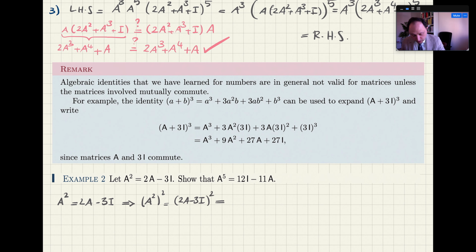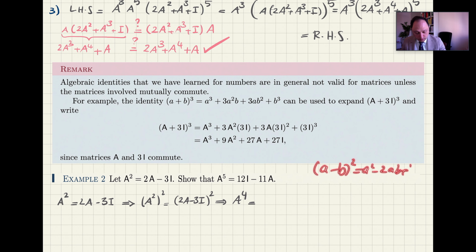The left hand side of course becomes a to the 4, and the right hand side, tell me, can I use any algebraic identity for the right hand side? To be specific, can I use a squaring pattern for the right hand side? If yes, why? What is the point that you need to care about if you want to answer this question? I am asking you, can I use this formula?